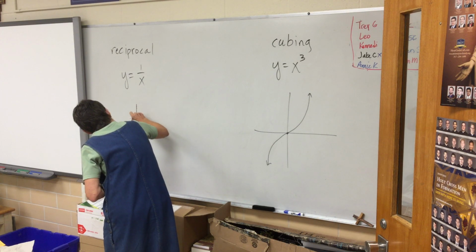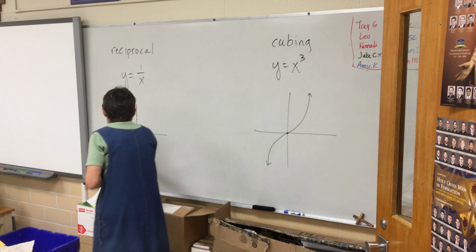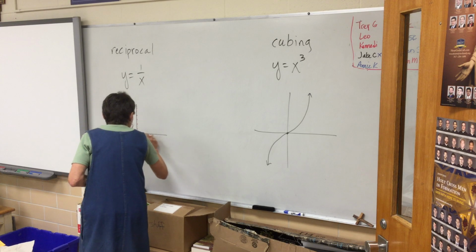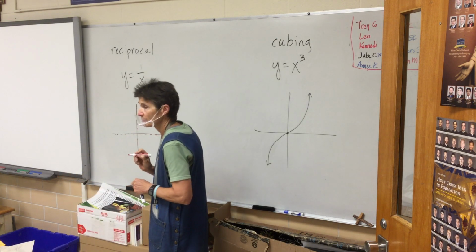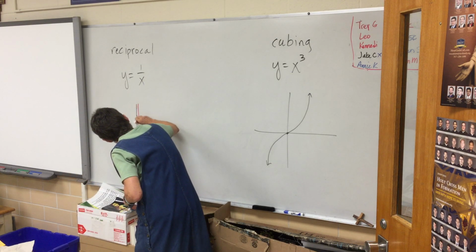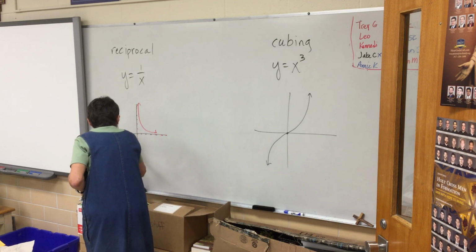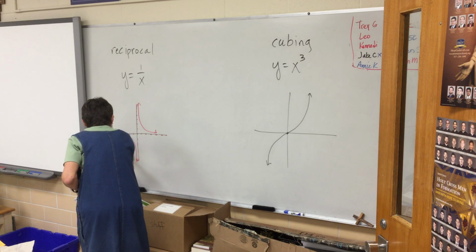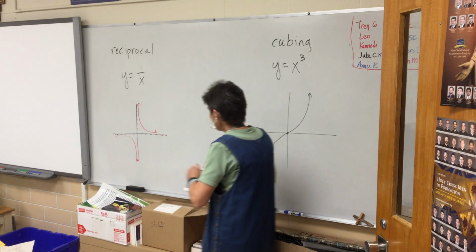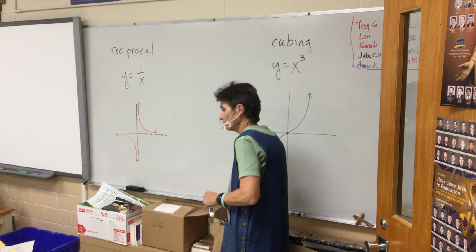We have an asymptote on the y-axis and an asymptote on the x-axis. And then it's this hyperbola shape in here like this, in quadrants 1 and 3. That is the reciprocal function.